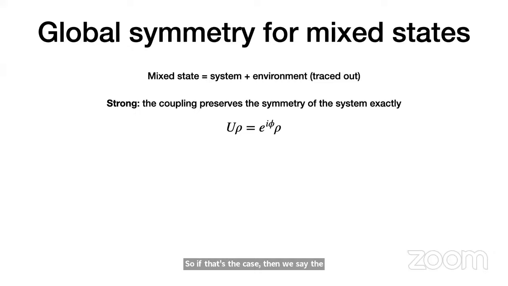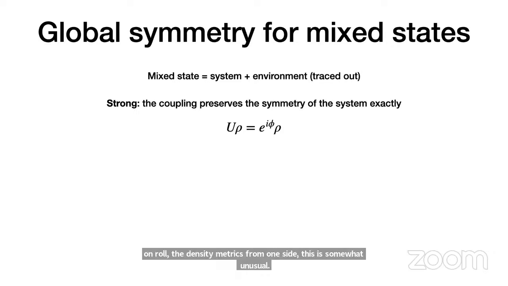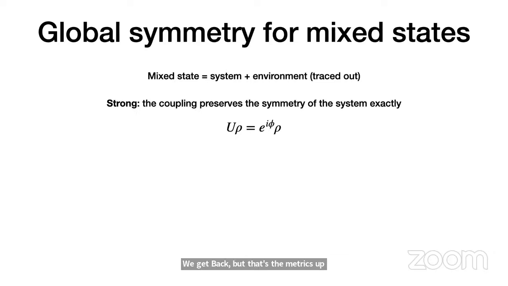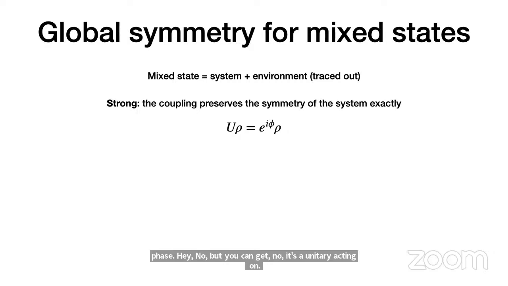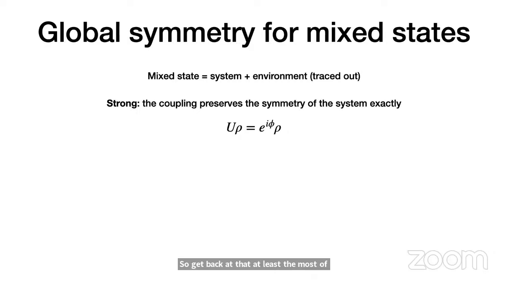Mathematically, you can write this condition as: the symmetry transformation U, when you multiply it on rho, the density matrix, from one side, which is somewhat unusual, we get back the density matrix up to an overall phase. Is the symmetry assumed to be abelian? No, it's a unitary acting on the rho, so you get back at most a phase.